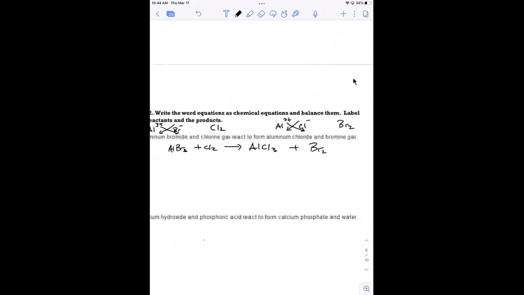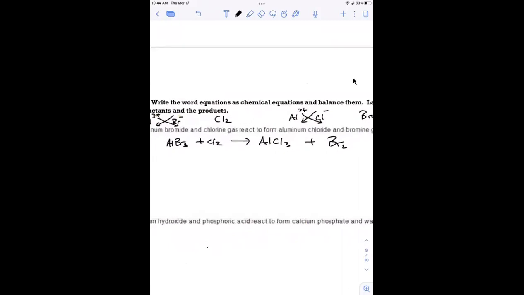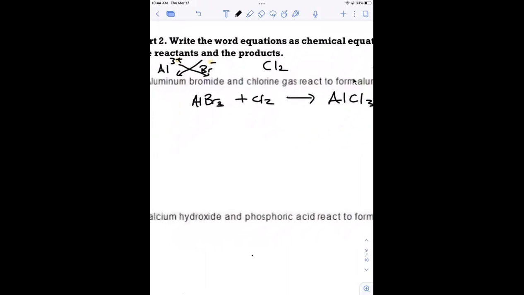All right, so when I look at this, I kind of sense that we could deal with the number 6 and balance it. So let's see what we can do. So we got aluminum, bromine, and chlorine. You got 2 chlorines, 3 bromines, 1 aluminum.